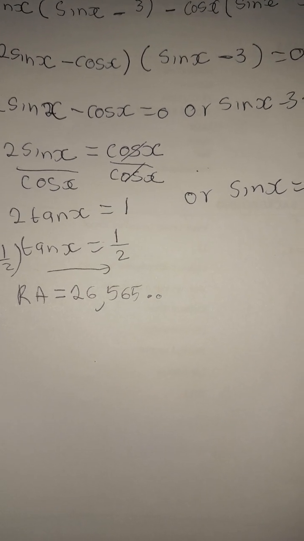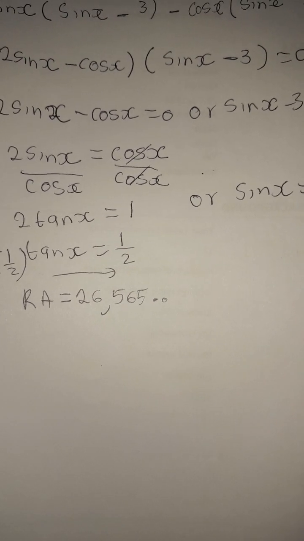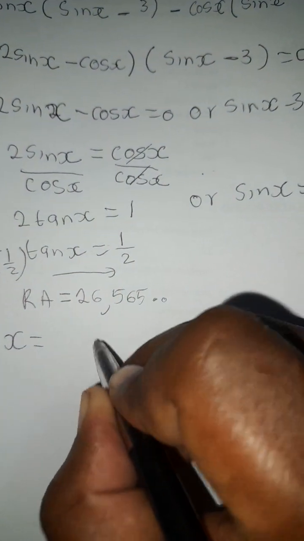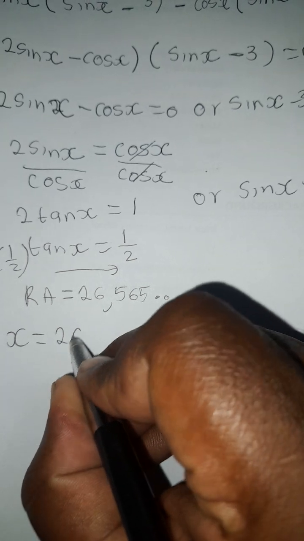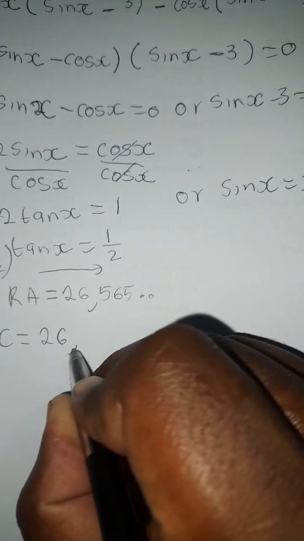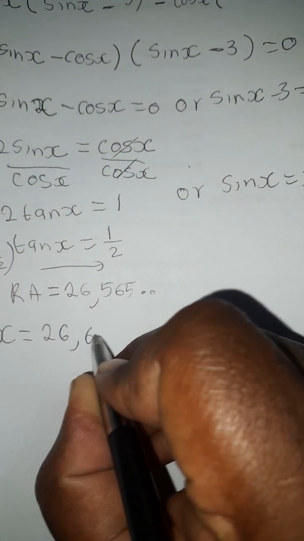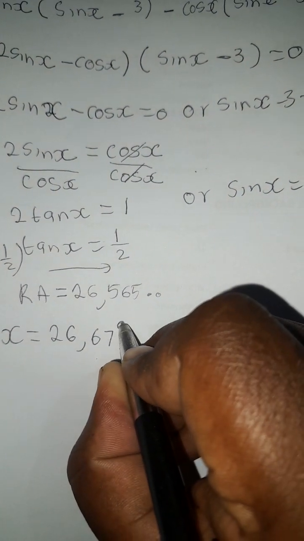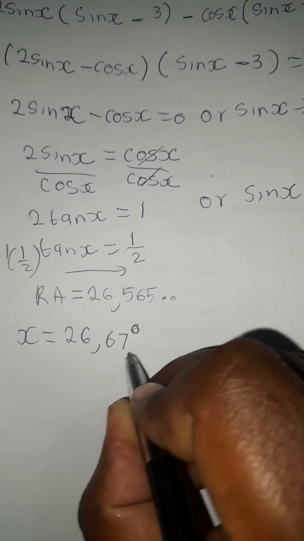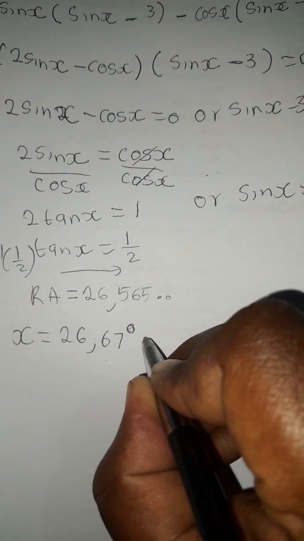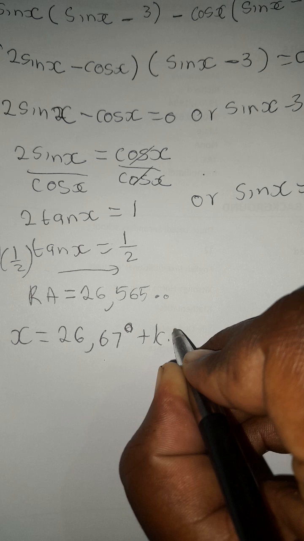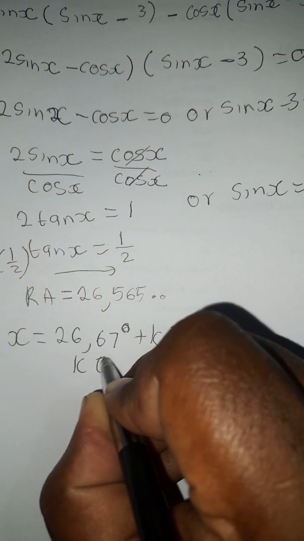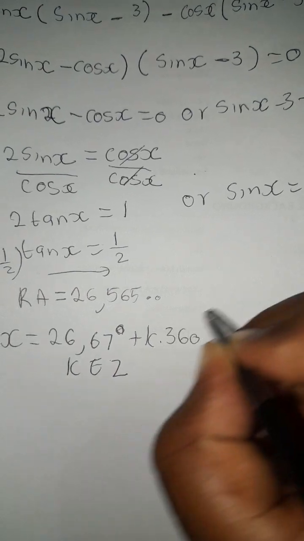If it's in decimals, don't round off in the middle of the steps. So now we can round off to 2 decimal places. This will be 26.57 degrees, correct to 2 decimal places. So we have 26.57 plus k times 360, where k is an element of the integers, right?